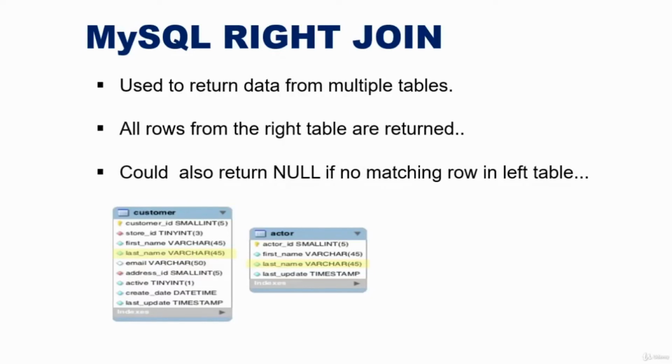Let's take a look at this two table illustration. Let's assume we want to return a list of all the actors from the actor table, and if the actor shares the same last name with a customer from the customer table, we can also display the customer details.